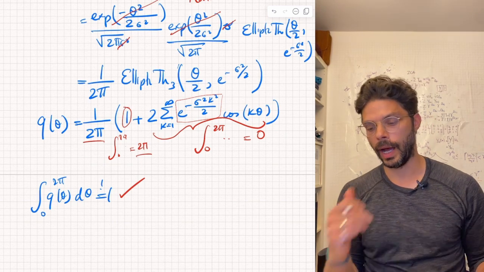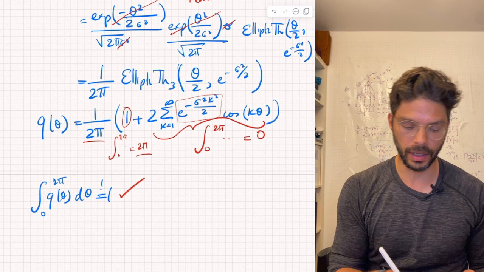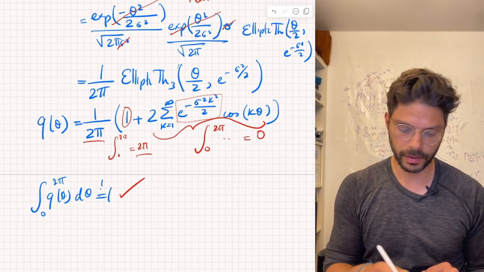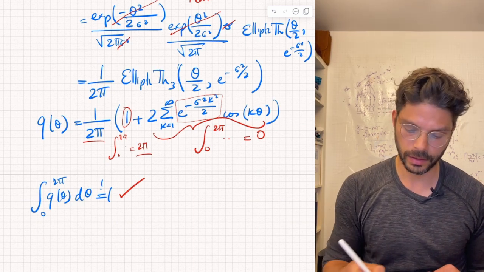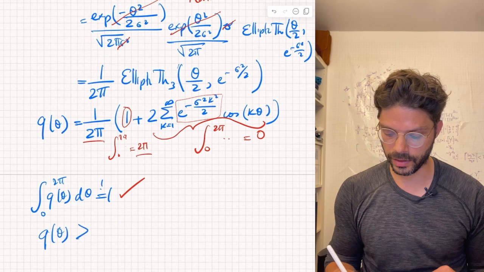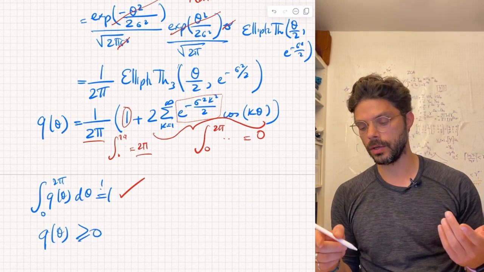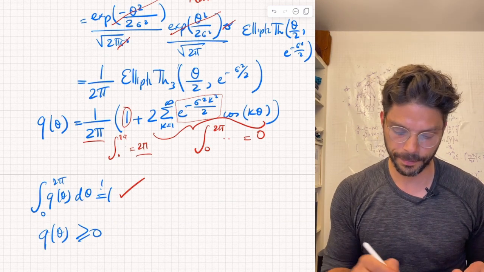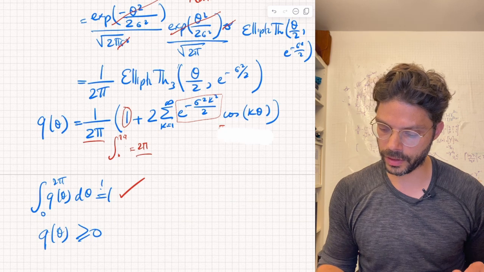So that's good. The other thing you need is, let me switch colors, is q of theta greater than or equal to 0? That one you actually have to show. It's not quite obvious from this, because let's have a look.